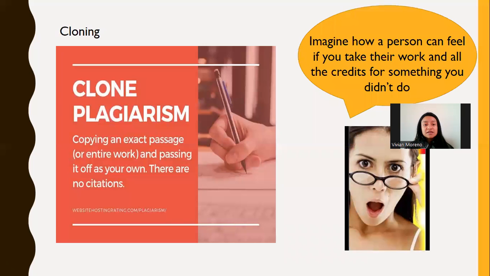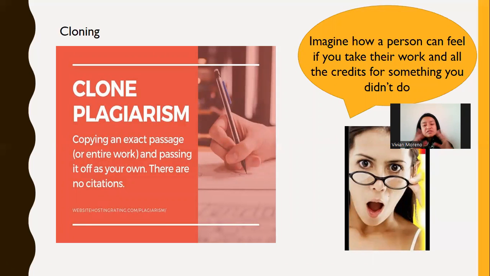Right? The next type of plagiarism is cloning. What is cloning? It is copying an exact page or entire work and passing it off as your own work with no citation, of course, or in other words, without acknowledging it.